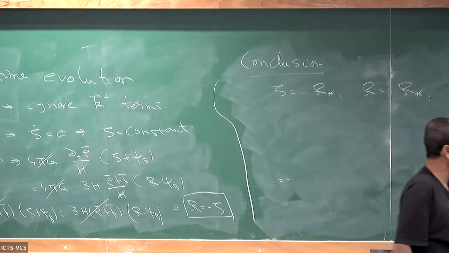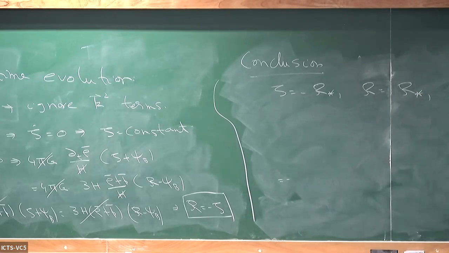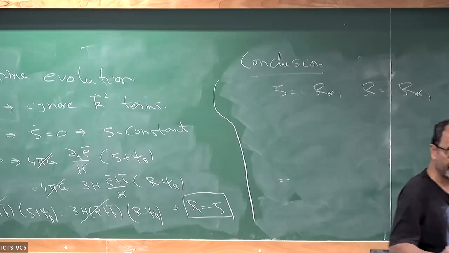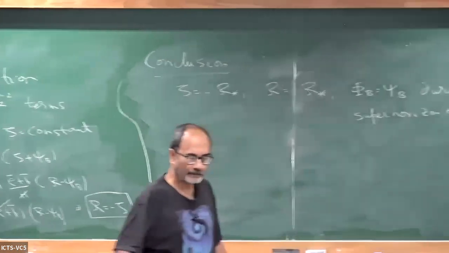Sub horizon basically will require us to take into account these terms, right? And we'll see that that's what will produce the oscillation that we had indicated. But right now we are just doing super horizon.